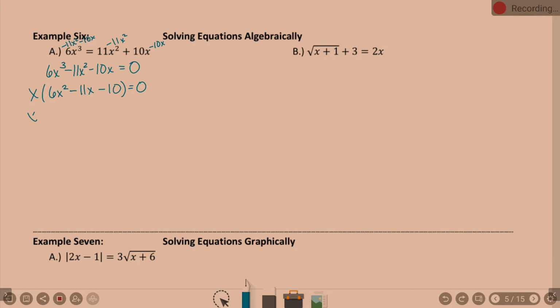So if I take that x out front, if you're doing product of AC, I don't know which way I want to go. Maybe I'll go both ways. We'll see. If you're going product of AC, what do we need? A product of what? Negative 60 and a sum of negative 11.